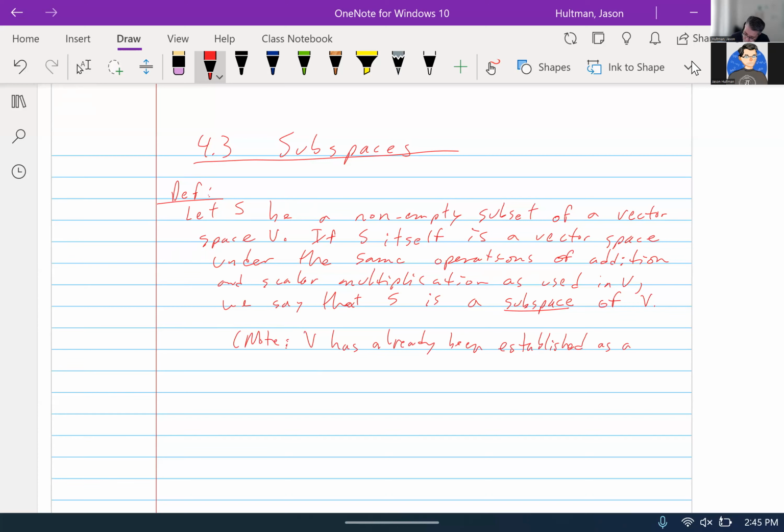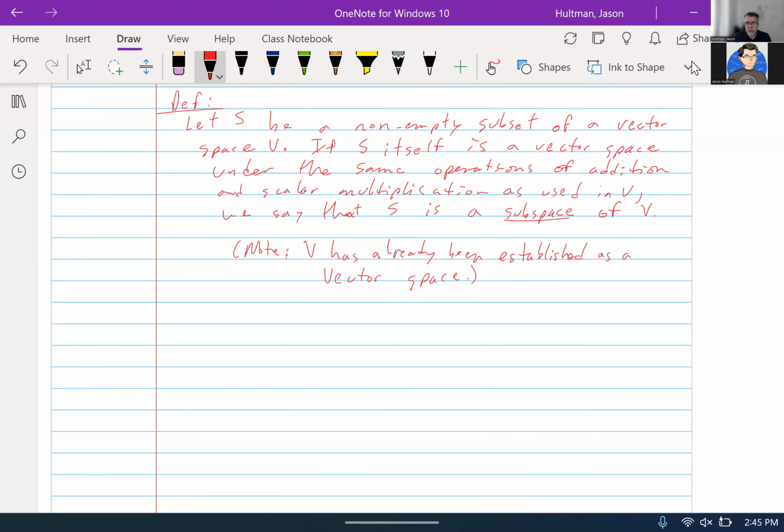So we already have V as a vector space, and we're taking S from V. And so S is a subset of V, and it is a subspace if it still satisfies all 10 conditions that a normal vector space would.